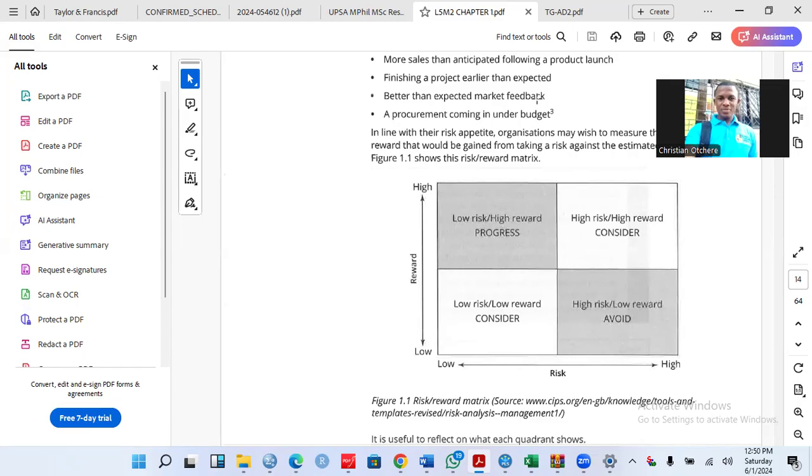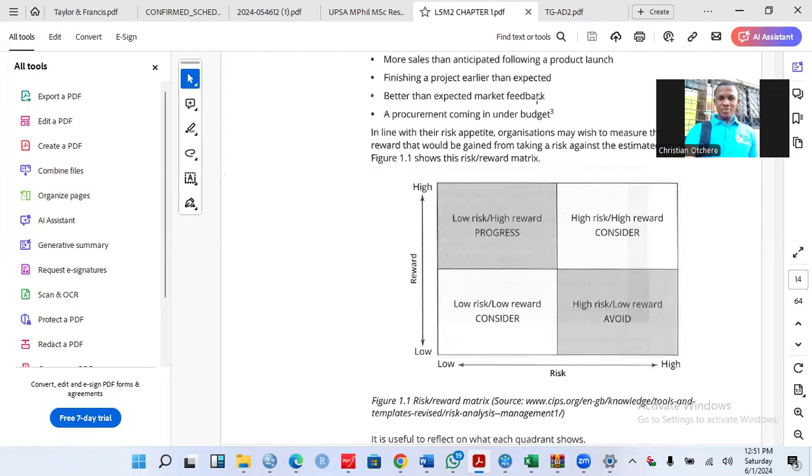There are activities that are of low risk and may still yield low results. There are those that are of high risk but yield low reward. And those that are of low risk and still yield high result or reward. Now, if you take the low risk, low reward, an example is switching from a routine supplier to another routine supplier.